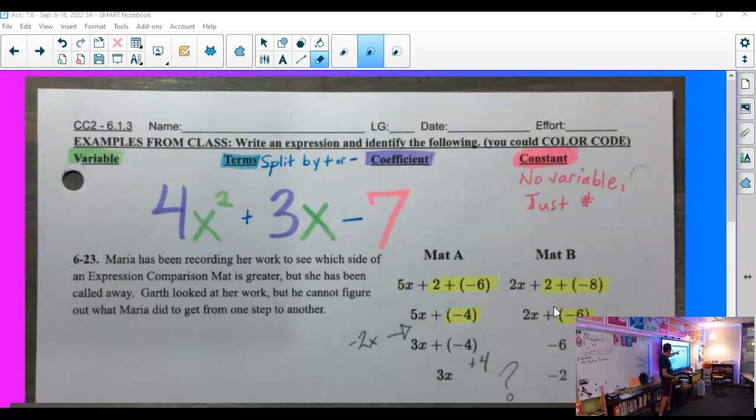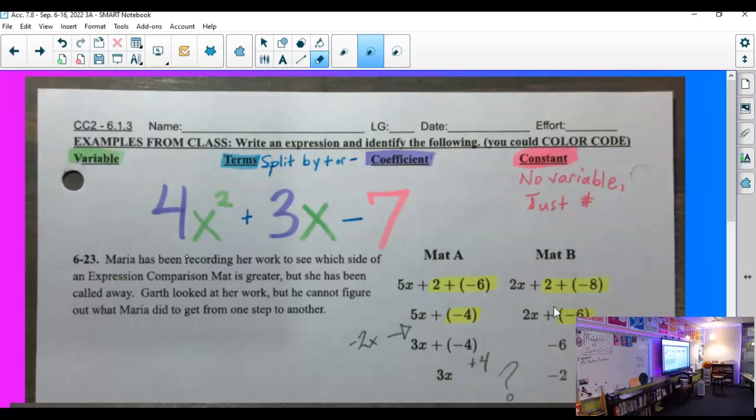The 4 is the coefficient. The variable is x or x squared or y or z or k or f or b, a letter. Or not even a letter. It could be a symbol of a flower, like these puzzle things that float around the internet, asking what's the value of one boot, when they've shown you a pair of boots, and the trick is a pair of boots is worth 10, so one boot is worth 5.